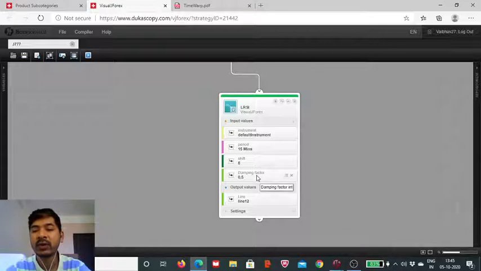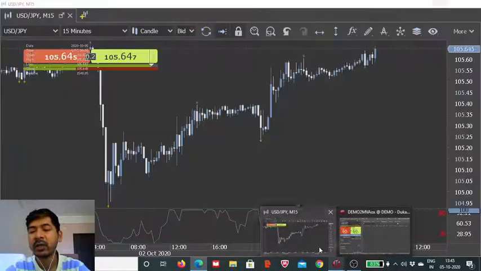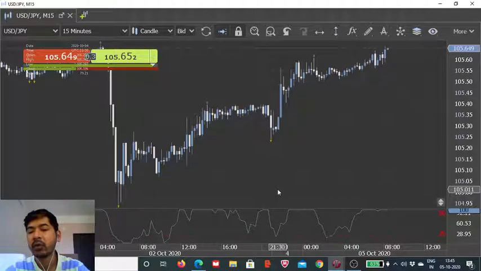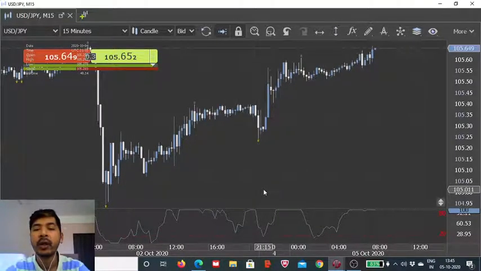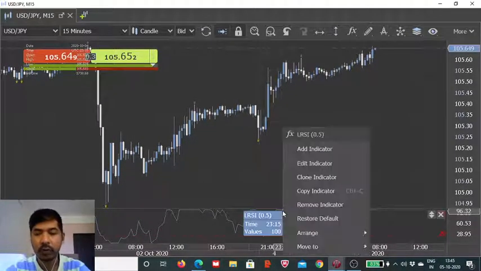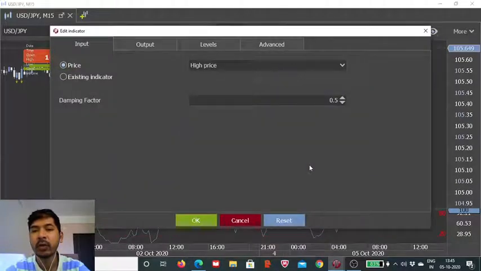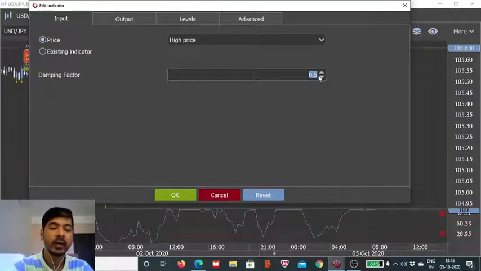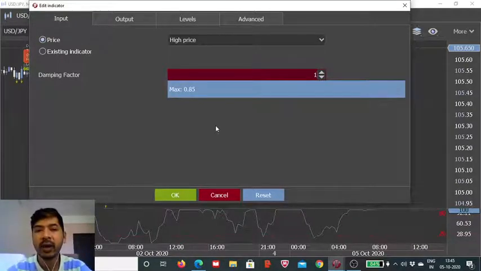This is the coefficient which is used to change the RSI to LRSI, and this is basically the weightage. Here you can change this factor also according to your need, according to how it suits your trading setup. If we want to change it, all we have to do is go into the edit option and see what is the appropriate coefficient factor.